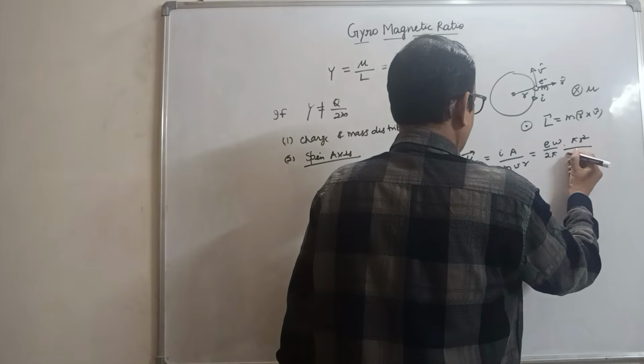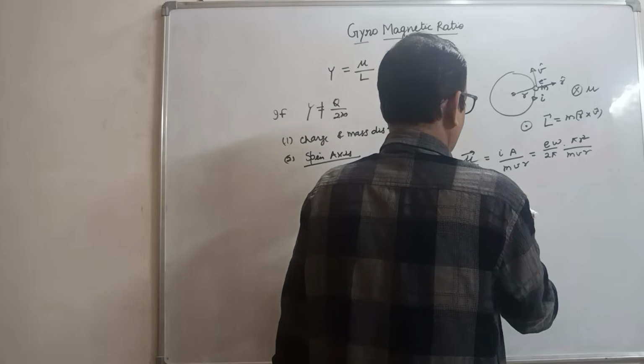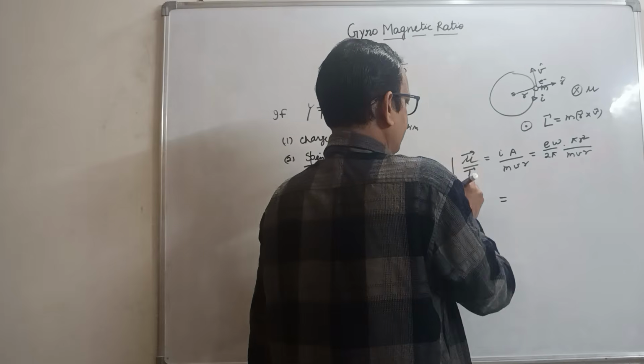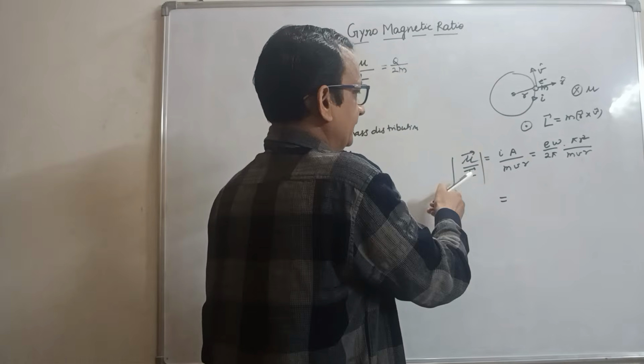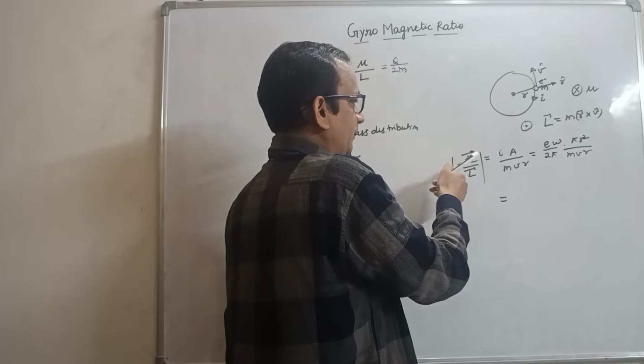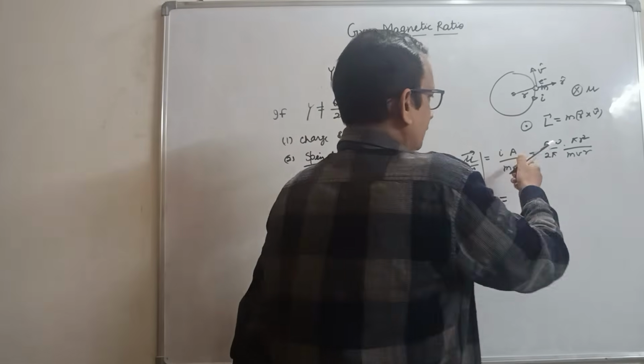So this becomes mvr in magnitude, as the magnetic moment and angular momentum are in opposite directions.